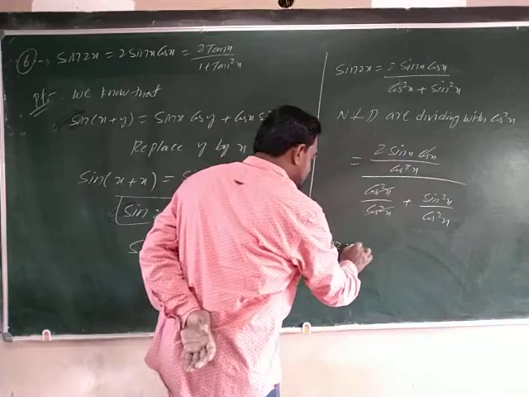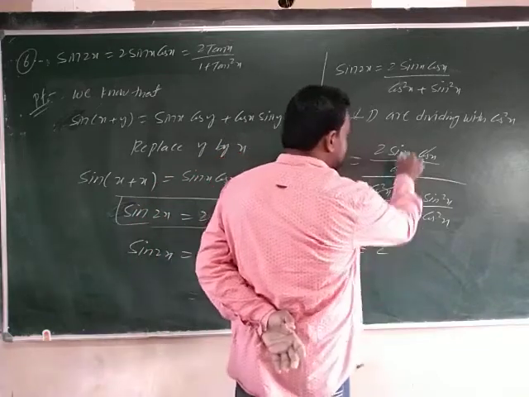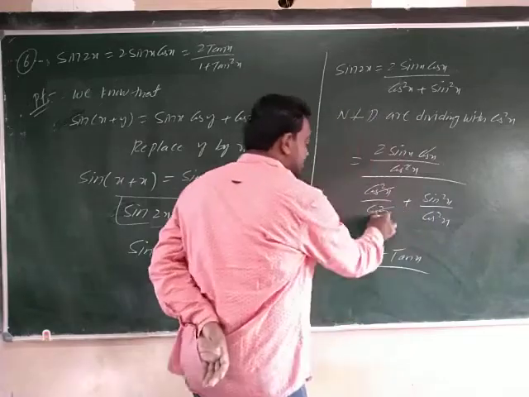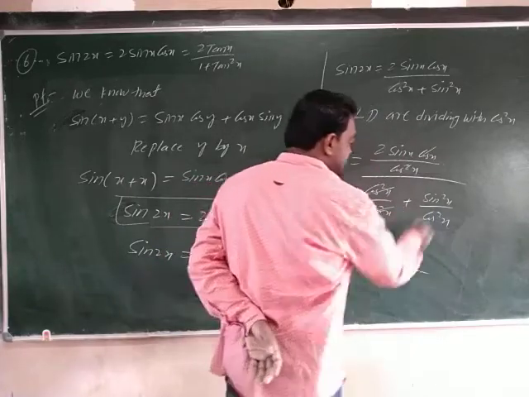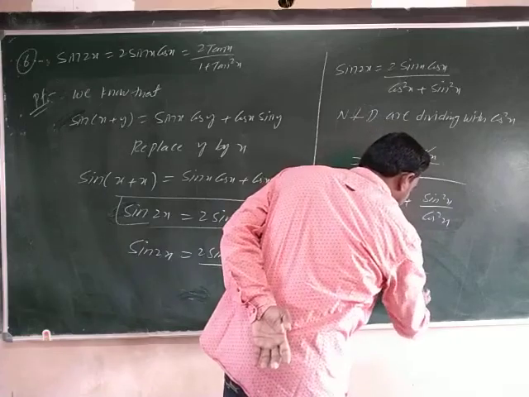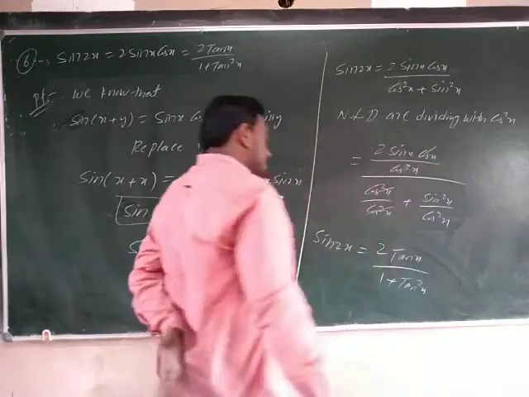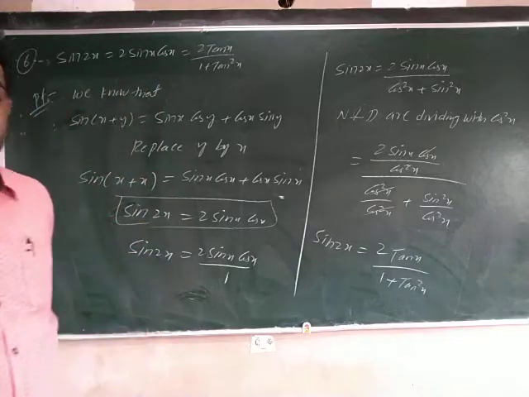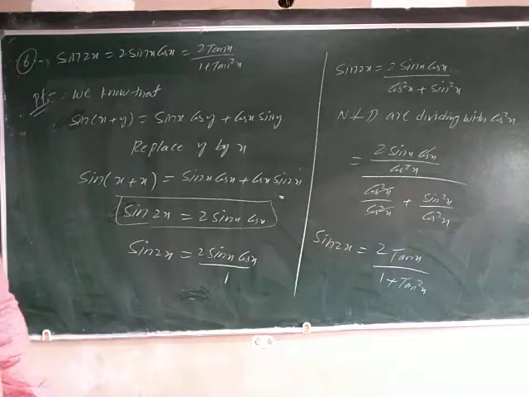Therefore sin 2x is equal to 2 into sin x by cos x, which is tan x, by 1 plus sin square x by cos square x, which is tan square x. Sin 2x is equal to 2 tan x by 1 plus tan square x. This is the proof.